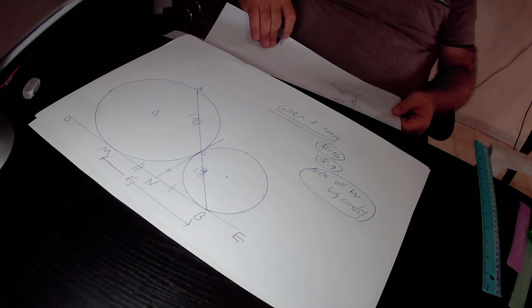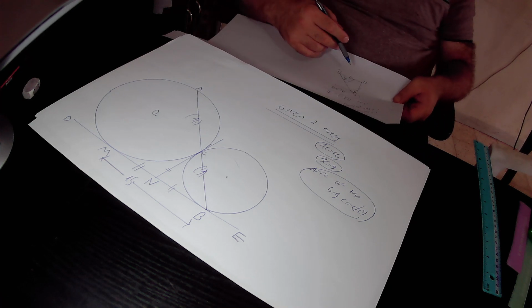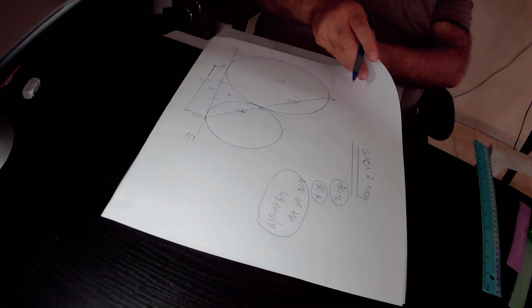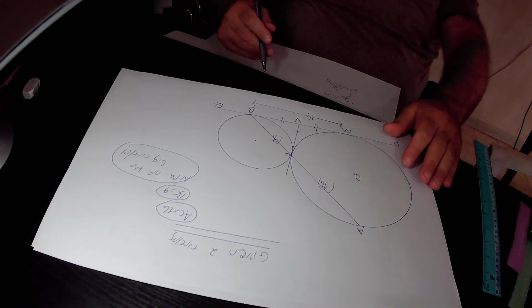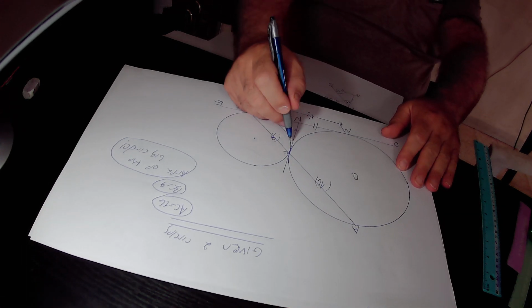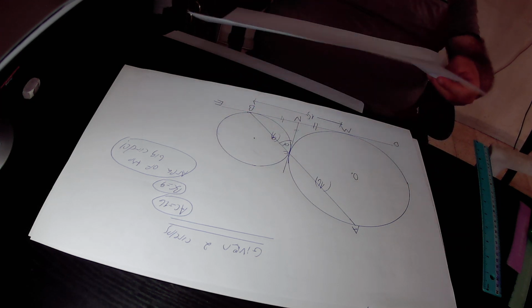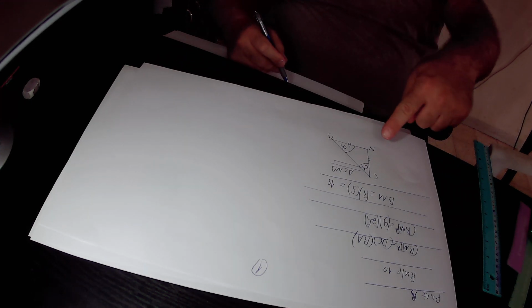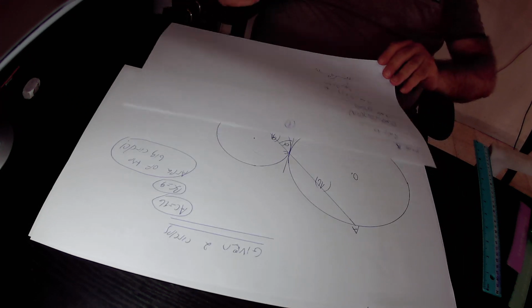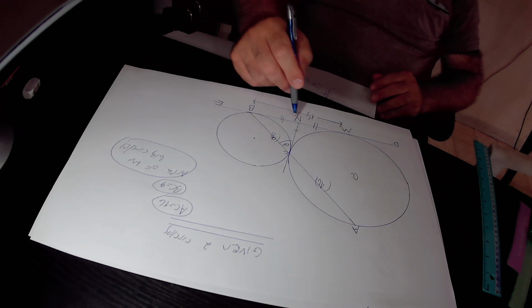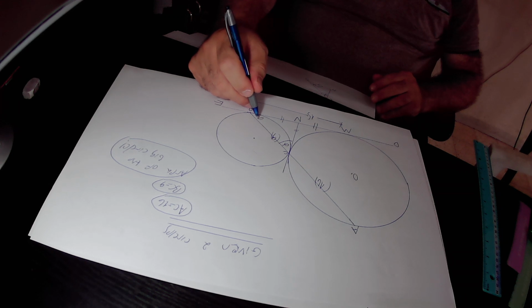So we found out that angle NCB, this is angle NCB, is equal to alpha, and angle CBN also equals alpha. This is angle CBN, that is also equal to alpha.